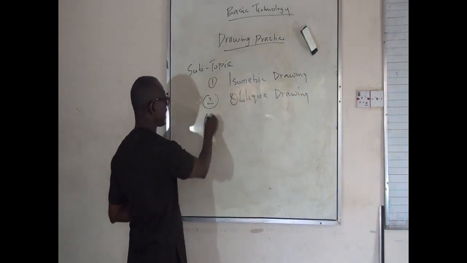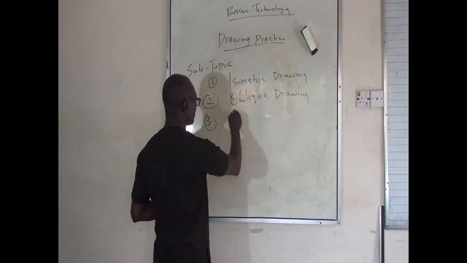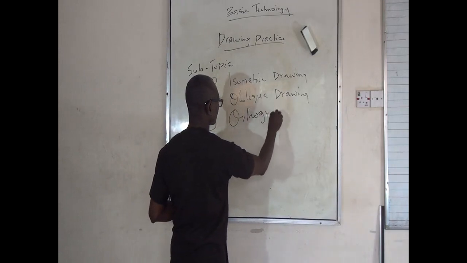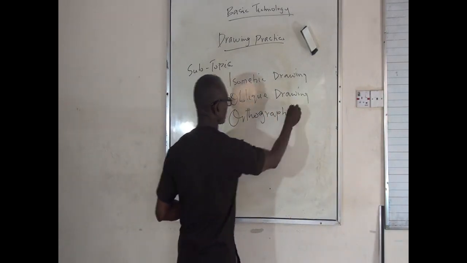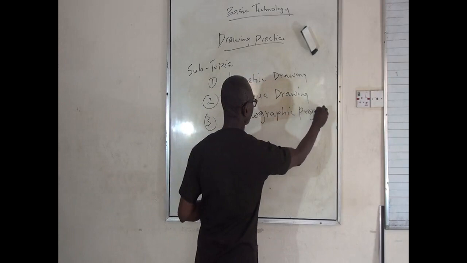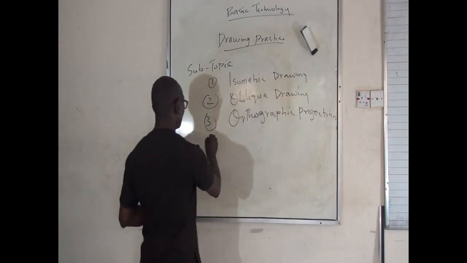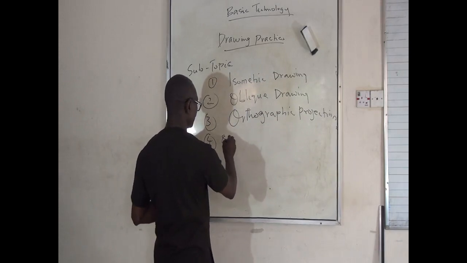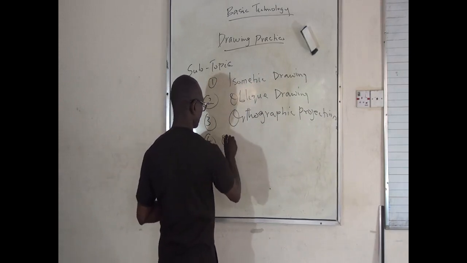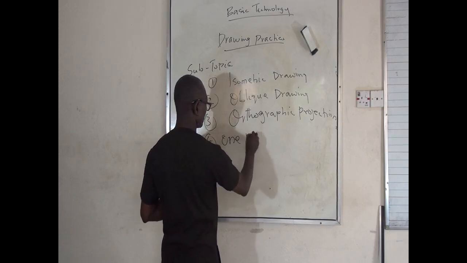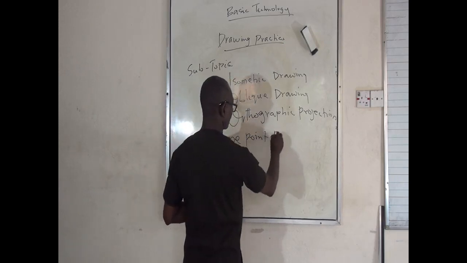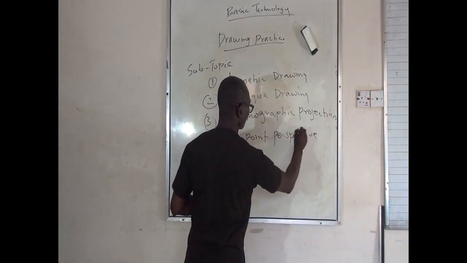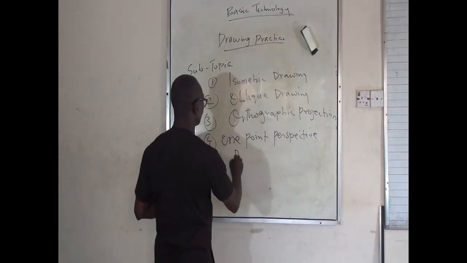And number 3, we have the orthographic projection. Number 4, we have the one-point perspective drawing.